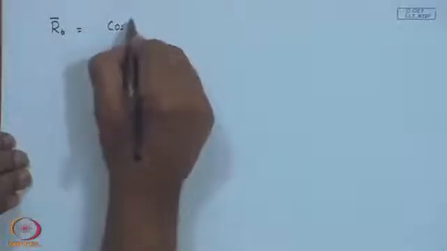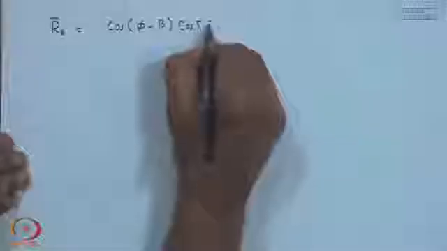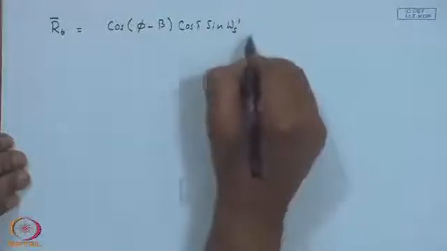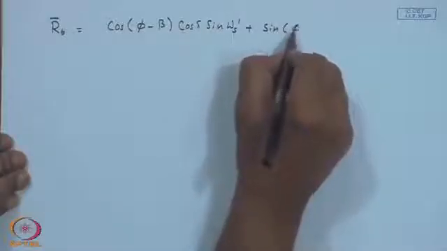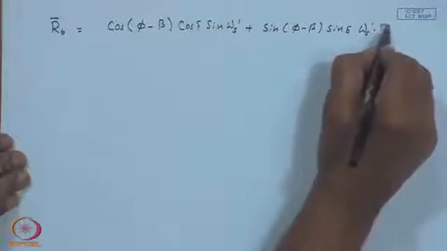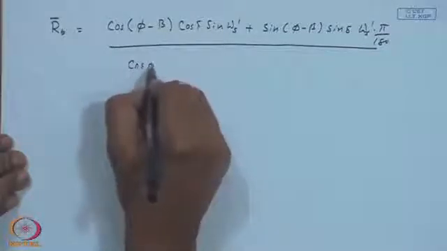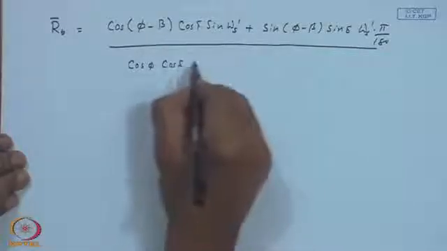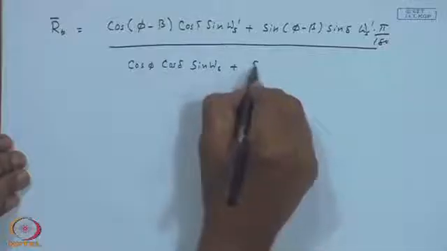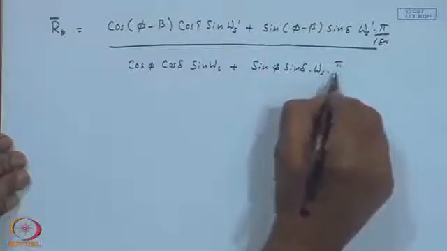And you have your R b bar, which is cos(phi minus beta) cos delta sin omega s dashed plus sin(phi minus beta) sin delta omega s dashed into pi by 180, divided by cos phi cos delta sin omega s plus sin phi sin delta omega s into pi by 180.